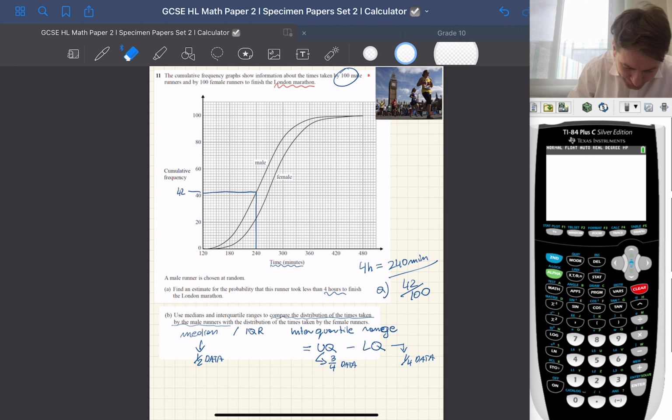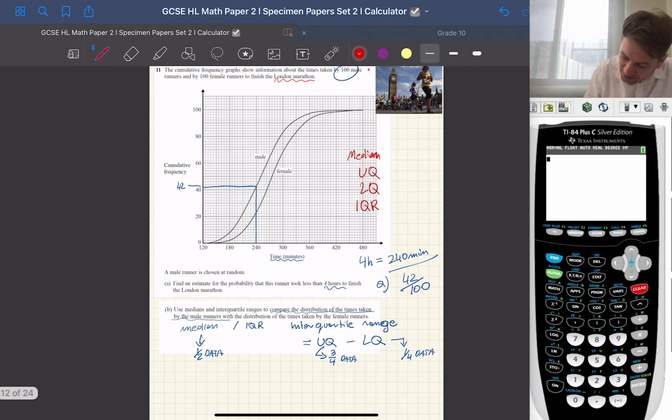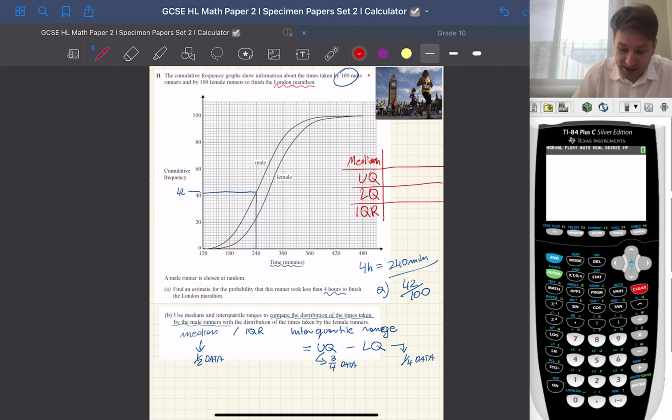I'm going to say median, not medium, median, then upper quartile, lower quartile, and interquartile range, which is the subtraction. Maybe red wasn't the best choice here, but wherever. We're going to go male and female.